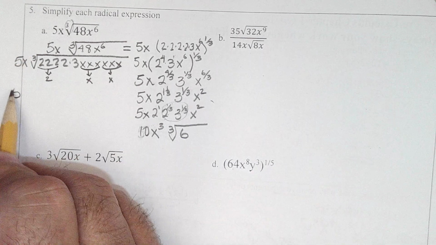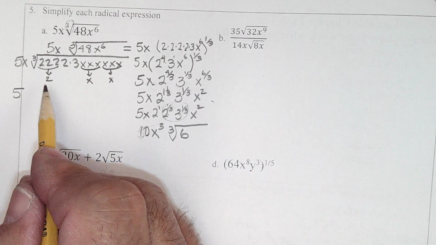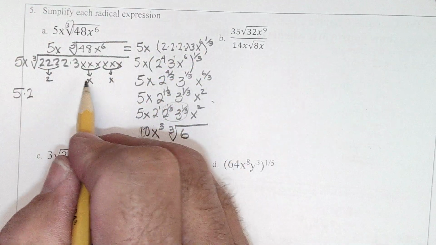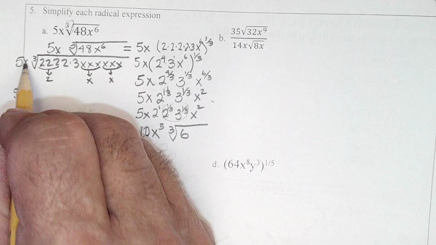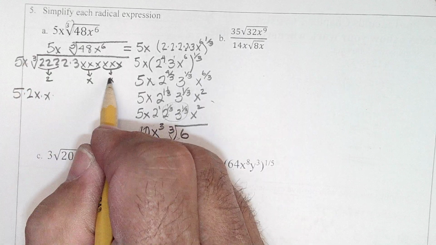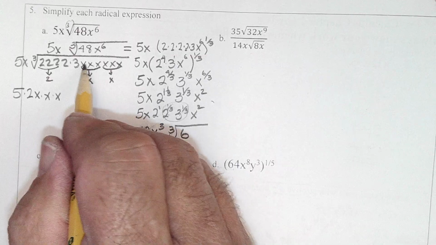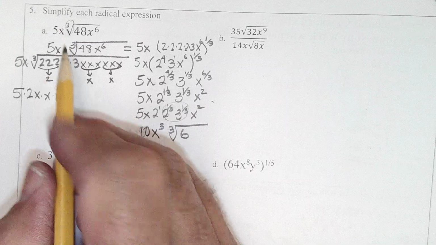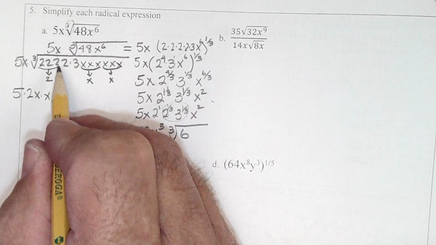So we have 5 times 2 times, there's an x here already, and then I'm pulling out another x and another x. These three come out as an x because we're in groups of 3. And what didn't I get to pull out?